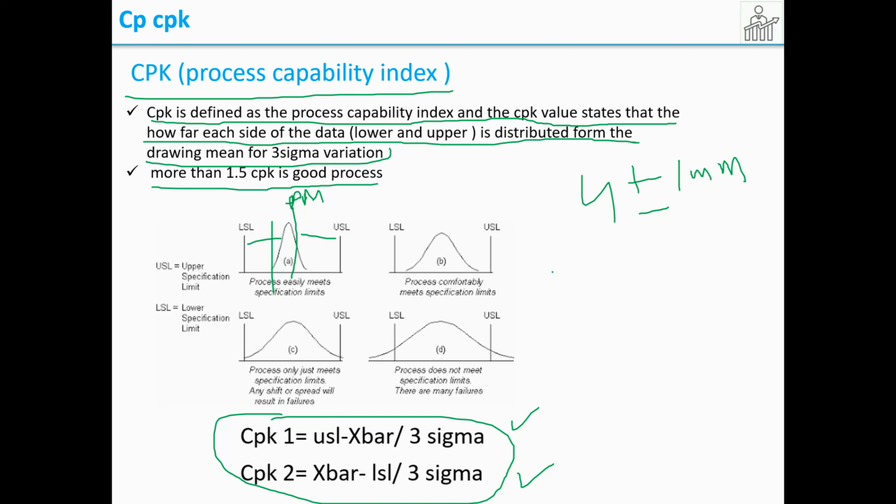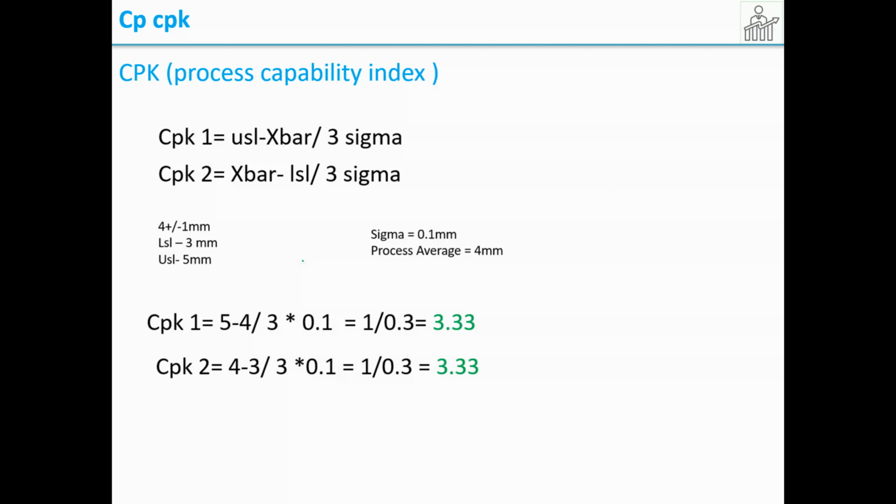See, your process can give you 5, 6, 3 as a process mean, but ultimately we need to produce what is the drawing mean. It has to overlap, then only it is a good process. So CPK will show how far my process mean is away from my drawing mean. It should be very, very near. That is called CPK. So this is an example.